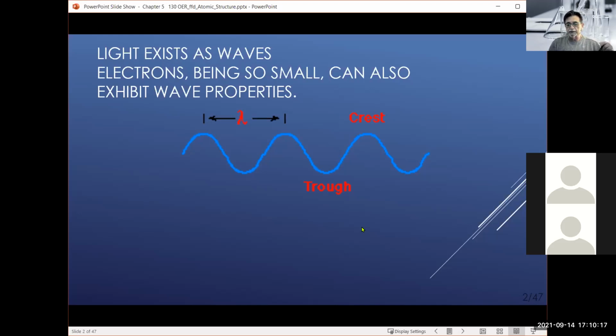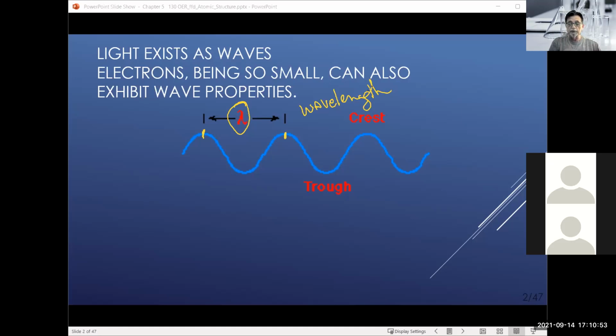Okay, so how do we look at light? Light can be looked at as this wave that we got going on here, okay? Now, if we were to take this wave, and if we were to mark a spot, say on top of the hill, because the wave is represented by hill and valley, hill and valley. If we mark a spot on top of the hill and then mark another spot on the next hill, that distance is what we call a wavelength. This is a measurable quantity that we can actually give a number to.